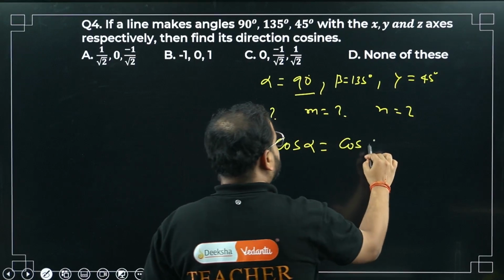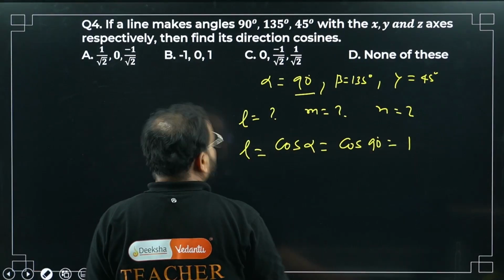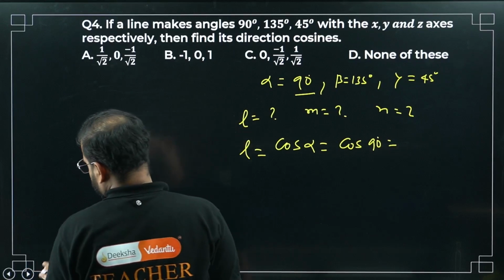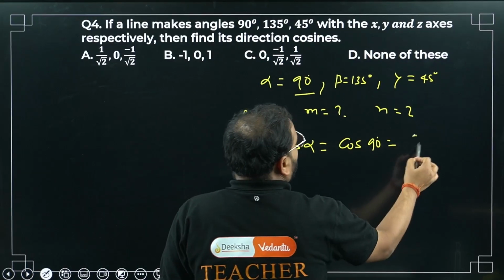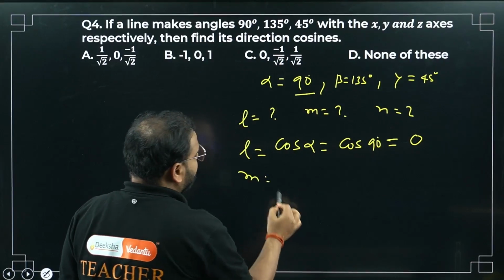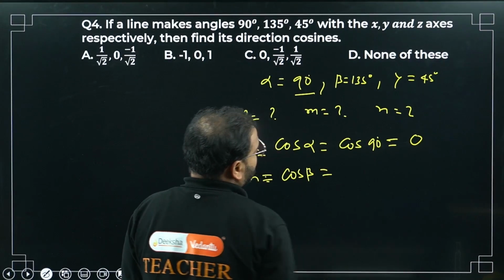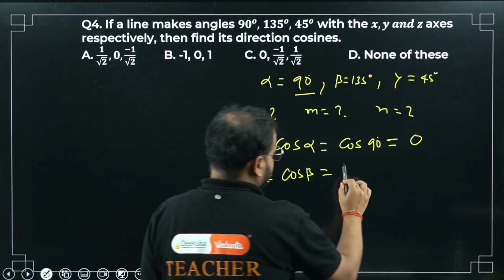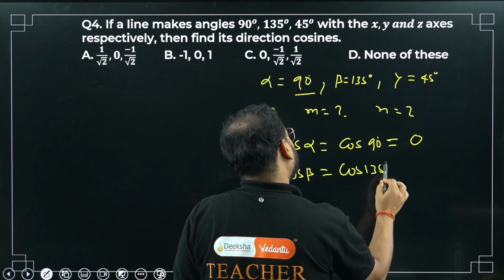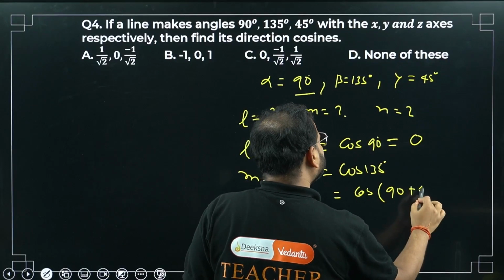Cos 90 will be what? Cos 90 is 0, not 1. My mistake. What is M going to be? Cos beta, so cos of 135. I can write this as cos of 90 plus 45.